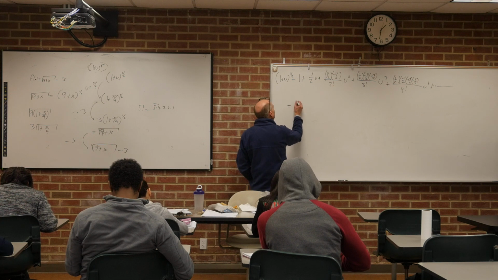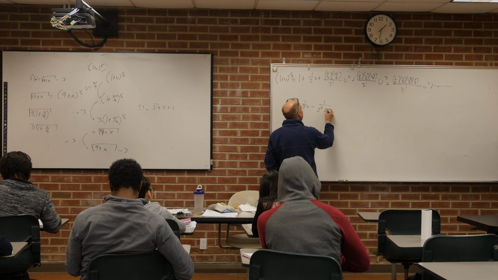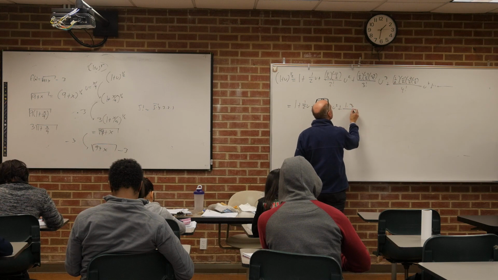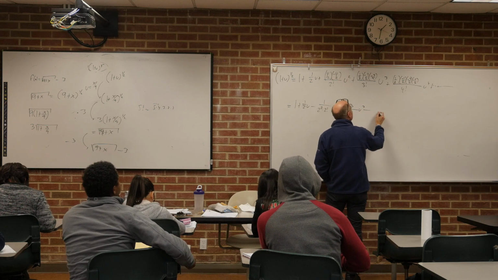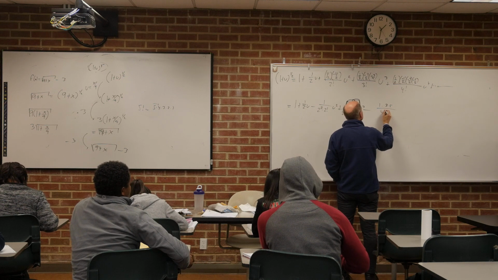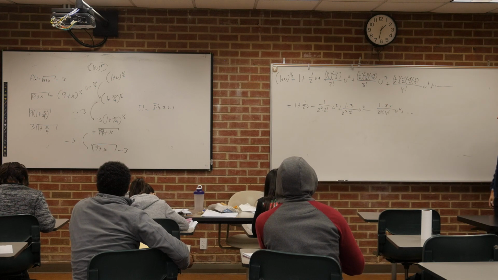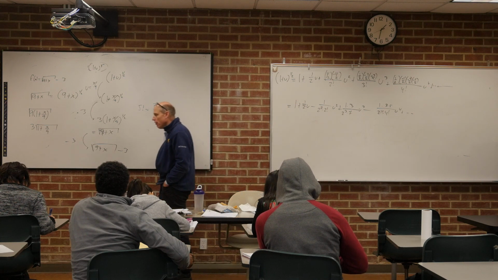Try to make this look nicer. So what I did was just multiplied all that stuff out. I made one decision with all the positives and negatives, everything positive or negative.